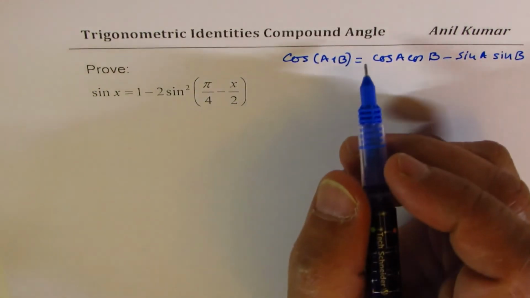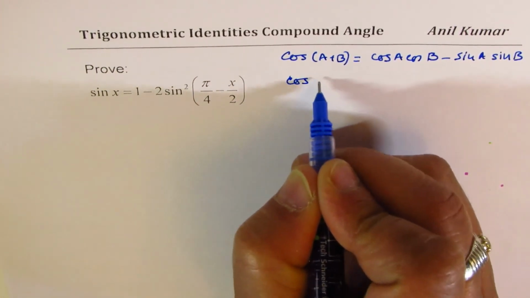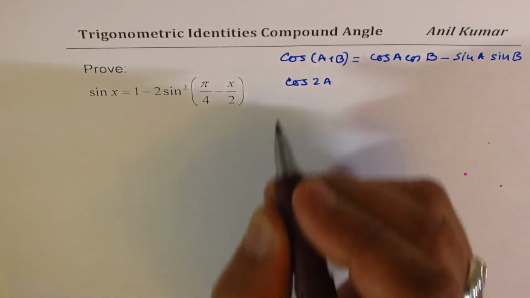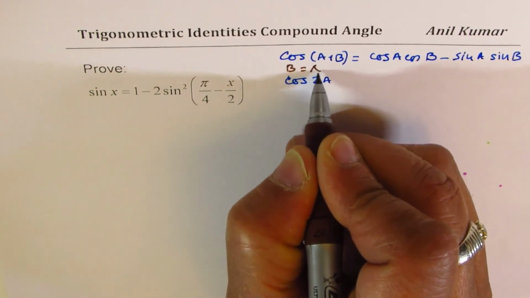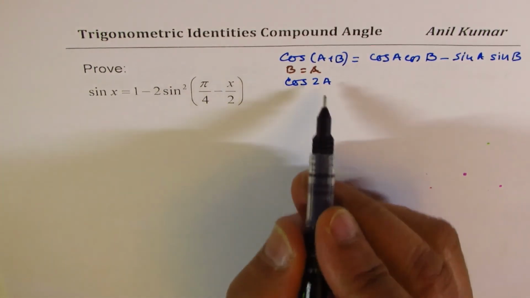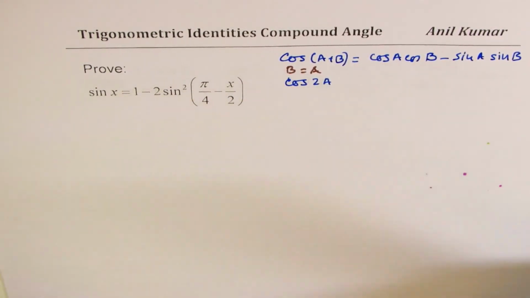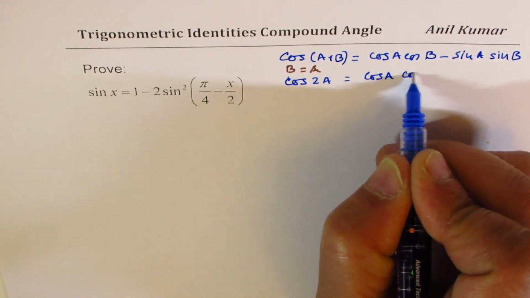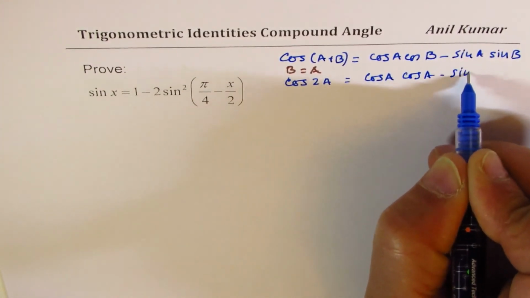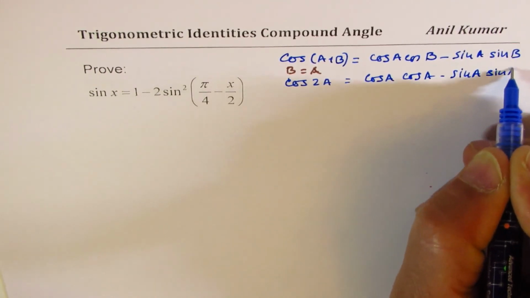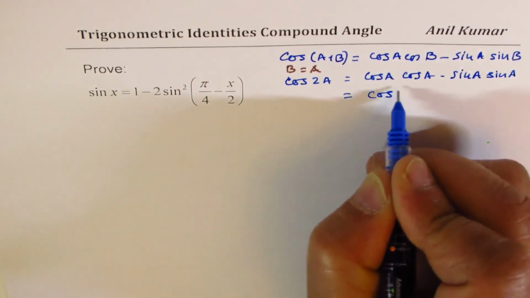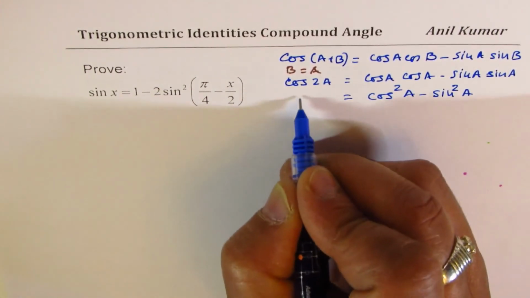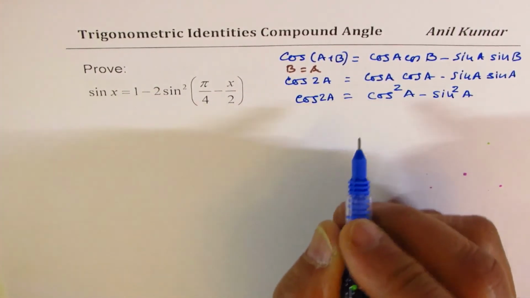And if I write cos 2A, that is to say, if I substitute B equals A, then it becomes A plus A as 2A, and what we get here is cos square A minus sine square A, and the double angle, right, cos 2A.